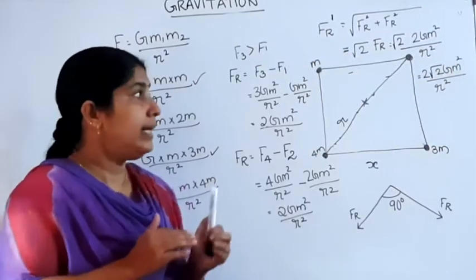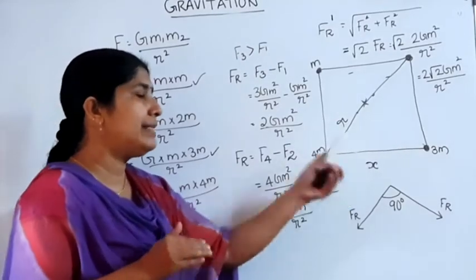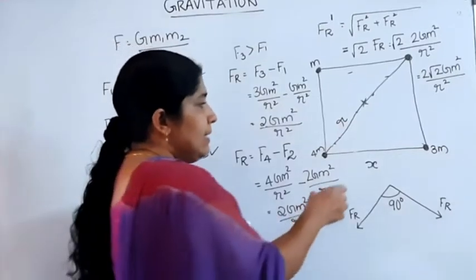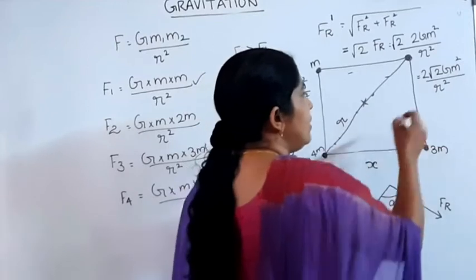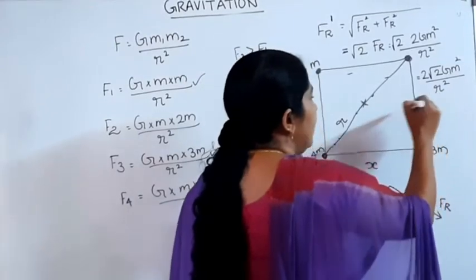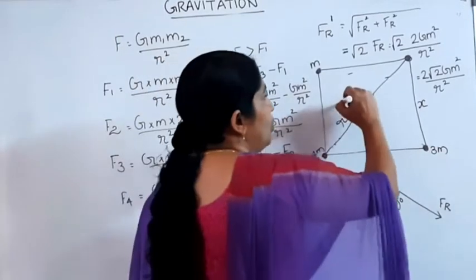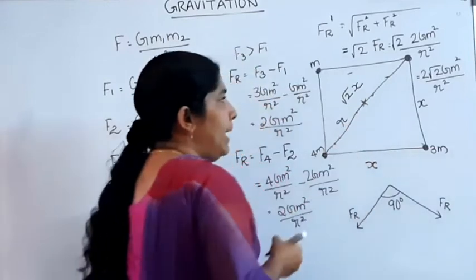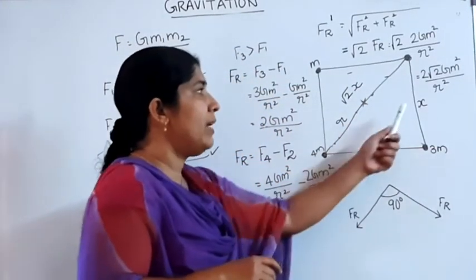Now we want to write R in terms of x because the side length of the square is x, that is given in the question. The side length of the square is x, so here x, here it's also equal to x. Then what about the hypotenuse? By applying Pythagoras theorem, the hypotenuse is root of x square plus x square.